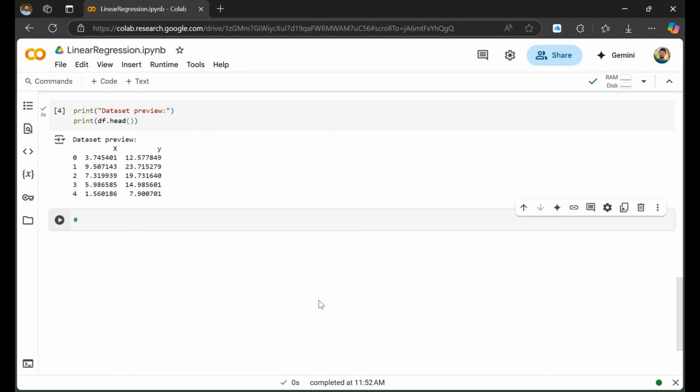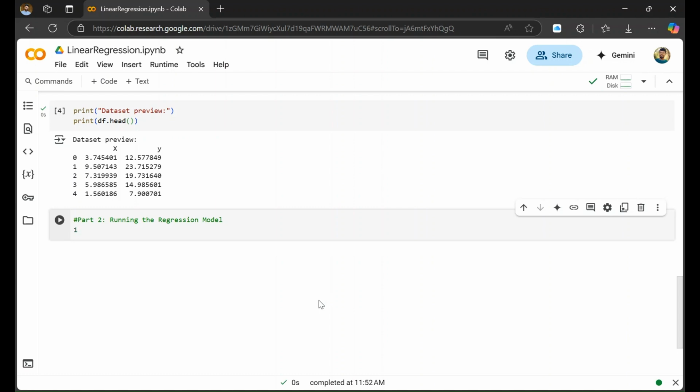Now let's run the regression. For this, we will fit a linear regression model to our data. We'll use two popular Python libraries.